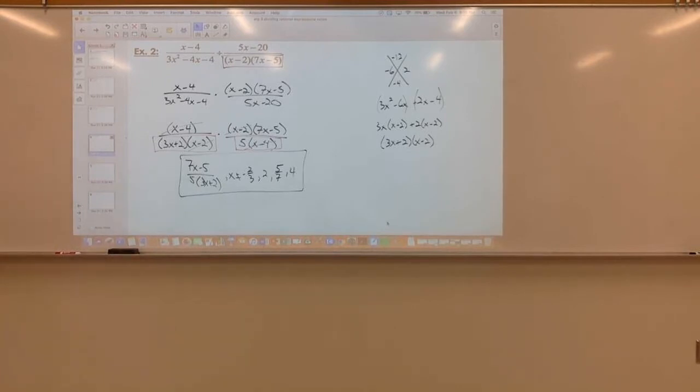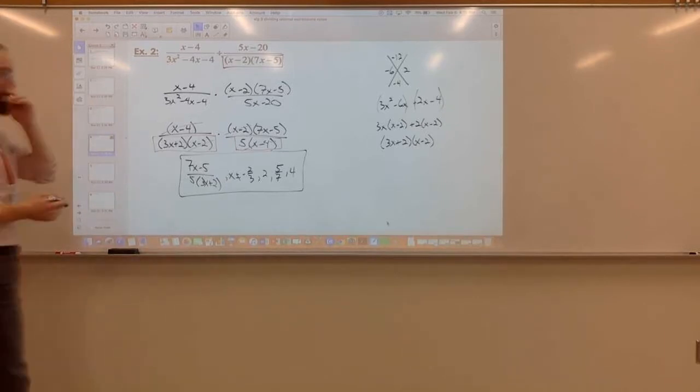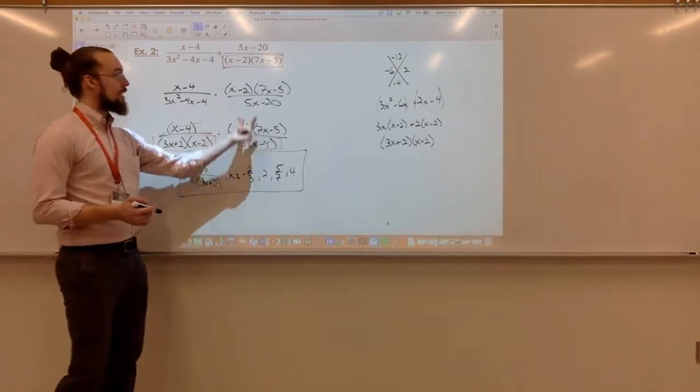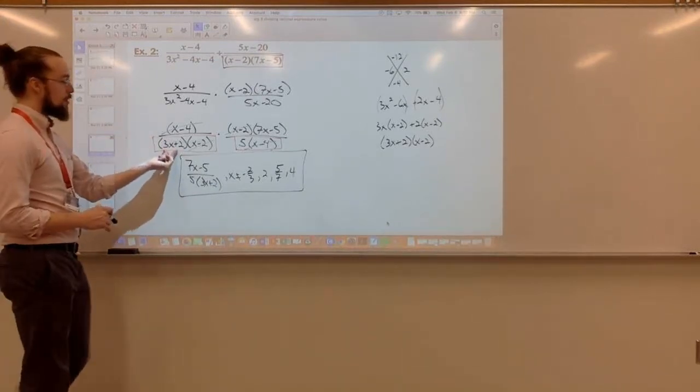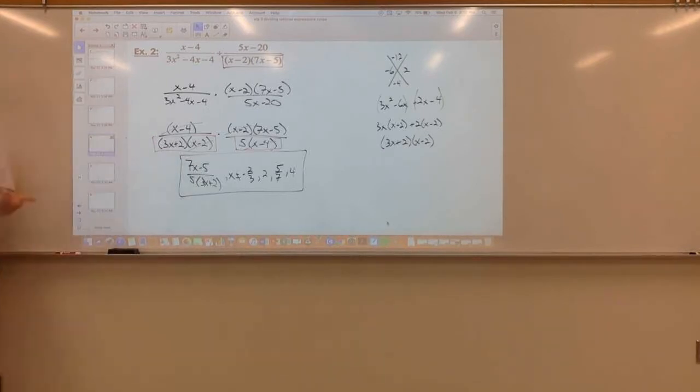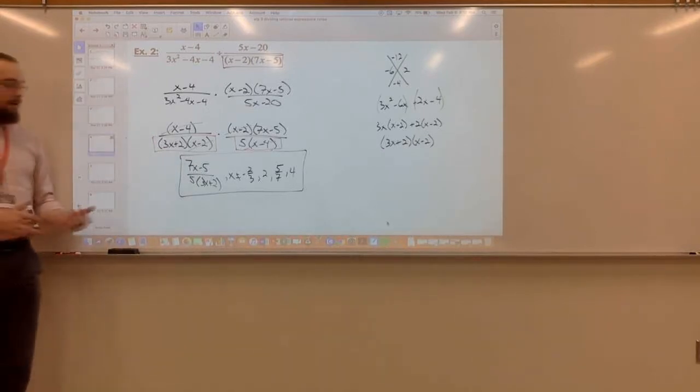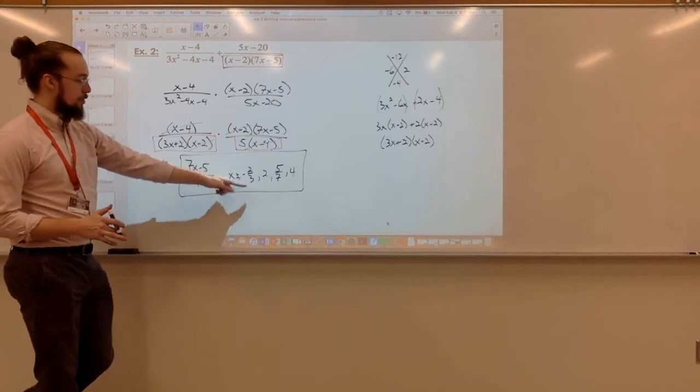All right, did we get 7x minus 5 over 5 times 3x plus 2? Then we would end up with a bunch of excluded values here. Remember we have to look at everything that was ever in a denominator. So we just go factor by factor. If I set this 3x plus 2 equal to 0 and solve, I would get x cannot be negative 2/3.